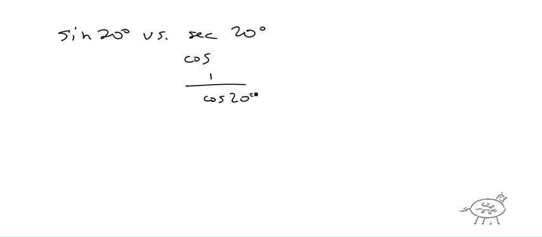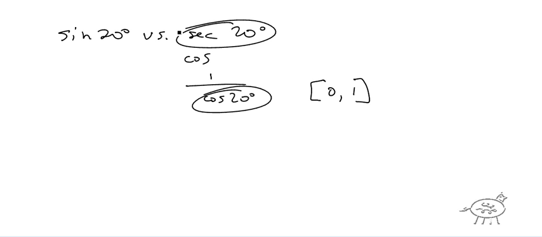Well, this is almost exactly the same problem, because isn't cosine in the first quadrant again between 0 and 1? So it's still going to be a decimal for cosine. So 1 over a decimal is a number bigger than 1, and so secant is going to be larger again.